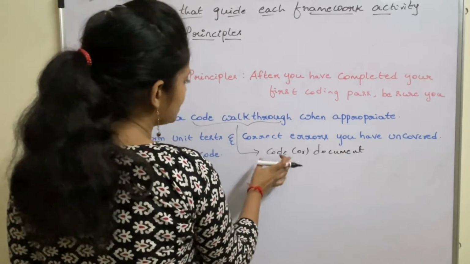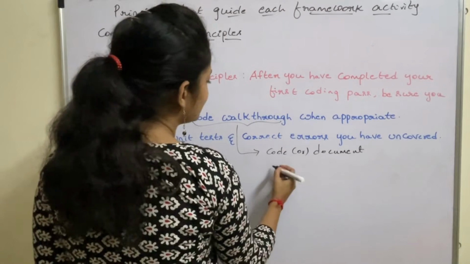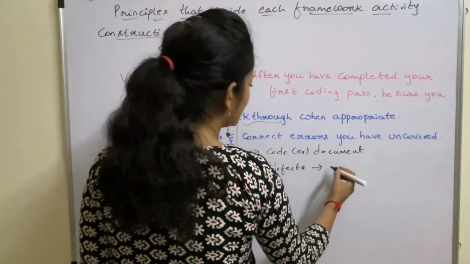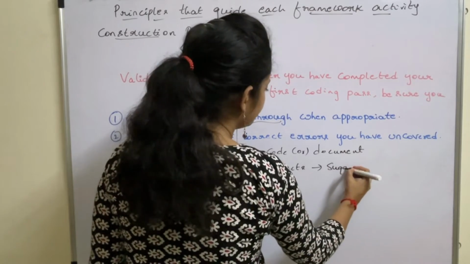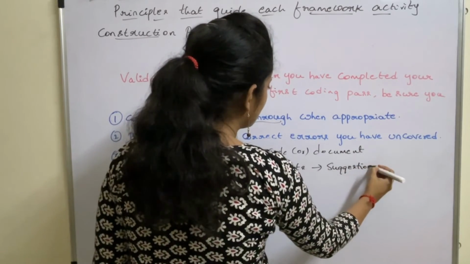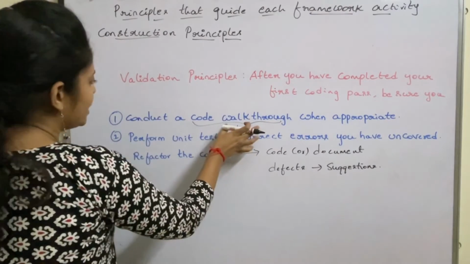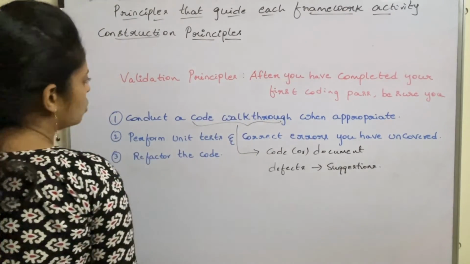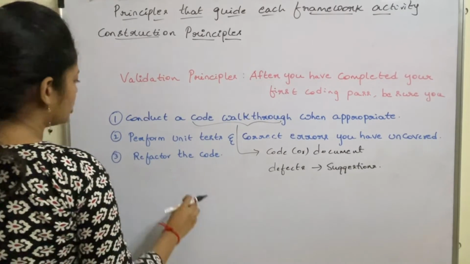If there are any defects in the code, they make note of it, and after that they give suggestions to the author. There is a difference between inspection and code walkthrough. Inspection is a formal process, whereas code walkthrough is an informal process.